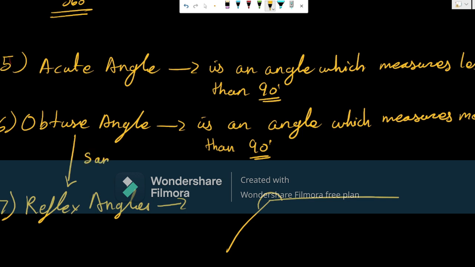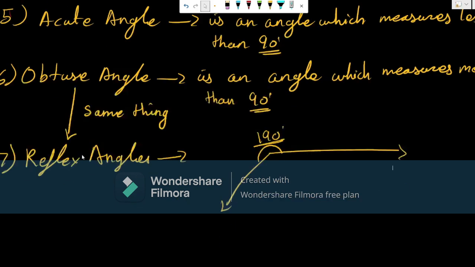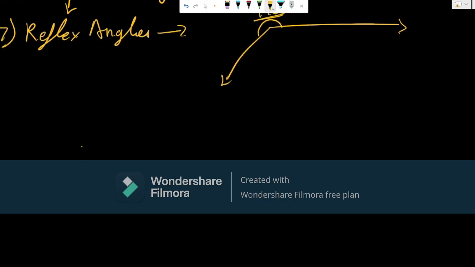Same thing. Okay, now suppose this is, let's say, 190 degree. So it is called a reflex angle as well as an obtuse angle. Okay, so they're basically the same thing. Now let's talk about supplementary angles.